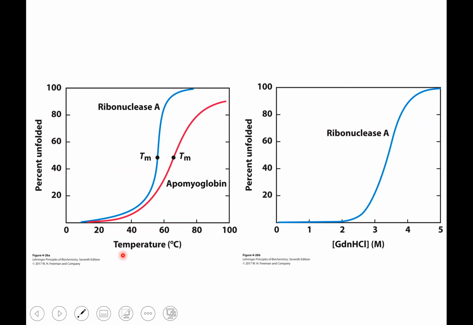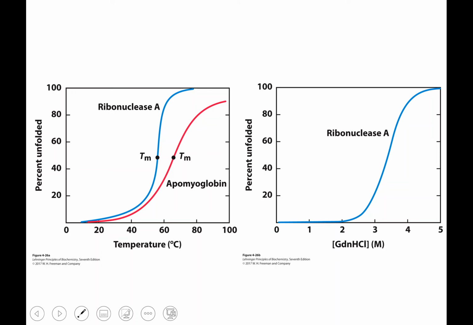So here's an example of temperature. If you slowly ramp up the temperature, you'll watch the protein unfold, and I guess it's best to look at the blue trace, right? Until it slowly unfolds until it reaches a point where there's this rapid change, and then it will bend over and flatten out.